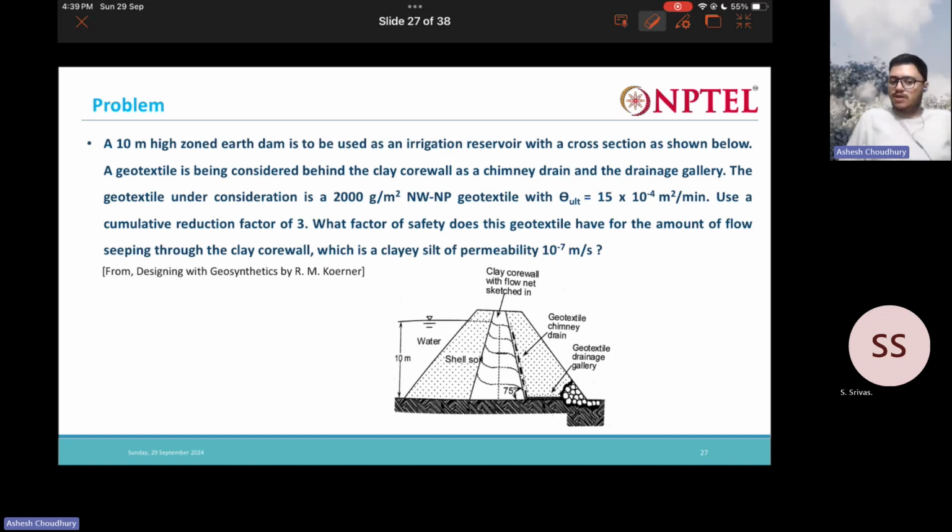Use a cumulative reduction factor of 3, given to us directly so that we do not have any confusion. What factor of safety does this geotextile have for the amount of flow seeping through the clay core wall, which is a clay silt of permeability 10 to the power minus 7 meter per second? The permeability of the clay core wall is given.